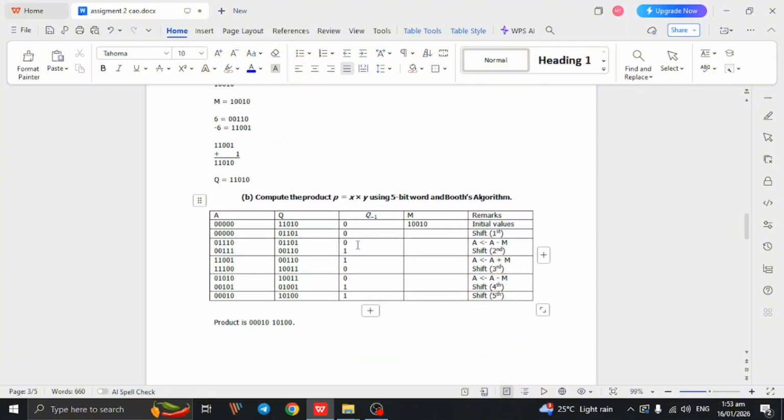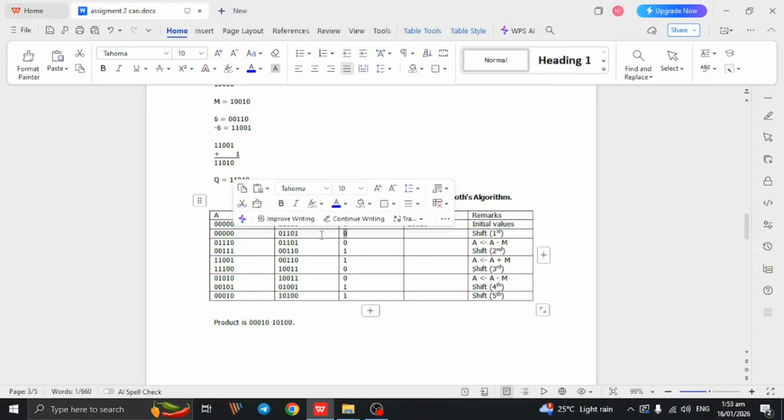Then for the second cycle, you see that the value of Q0 and Q-1 is 10.